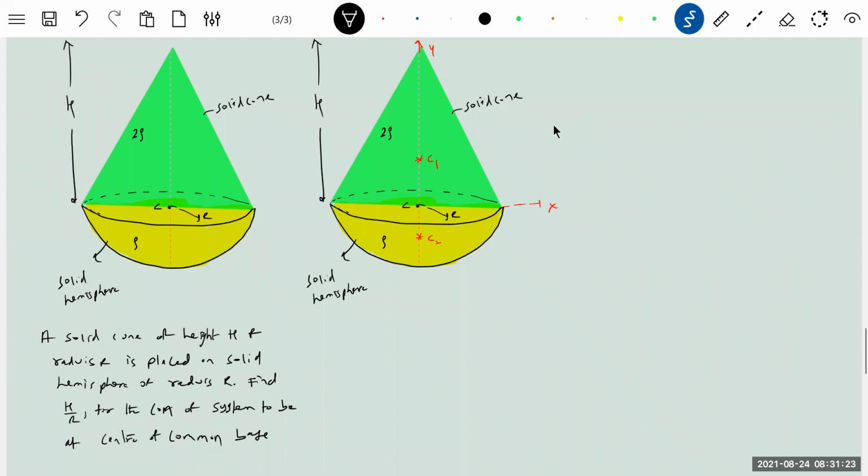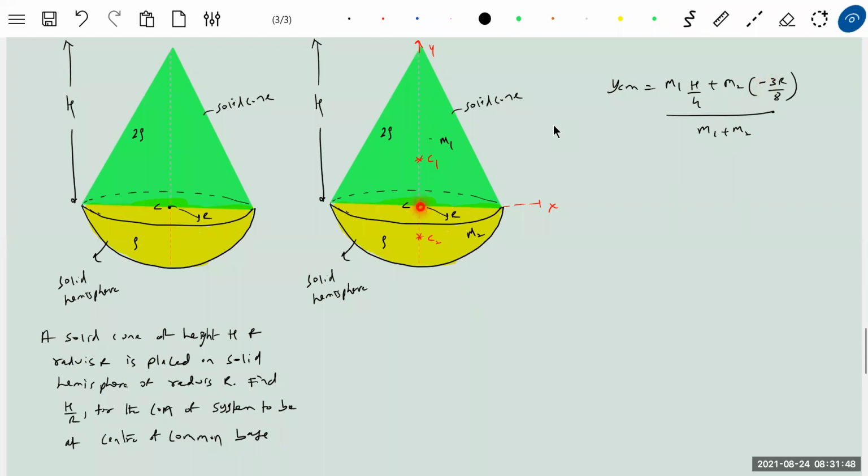The center of mass of the system must be at the origin. YCM equals m1, the mass of the cone, times h by 4 from the base, plus m2, the mass of the hemisphere, times minus 3r by 8, divided by m1 plus m2. Why the negative sign here? Because the center of mass of the solid hemisphere will lie below the origin. So minus 3r by 8 will come.